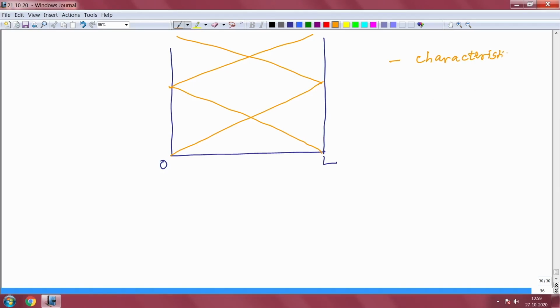And you see how the characteristics play an important role in determining the solution of the wave equation in several different problems. So, we saw it on the entire real line, first quadrant, and now the finite interval. Okay.